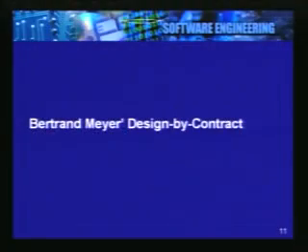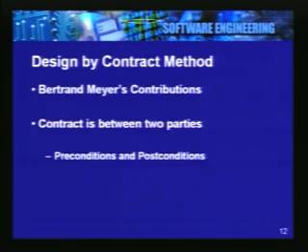Now we will take a look at an interesting method of designing classes, or even this can also be applied at system level, but now we are going to look at mainly class level design. So this is Bertrand Meyer's design by contract. This is a very interesting method, and Meyer's contributions are that he discussed this method and provided it through programming language support in Eiffel.